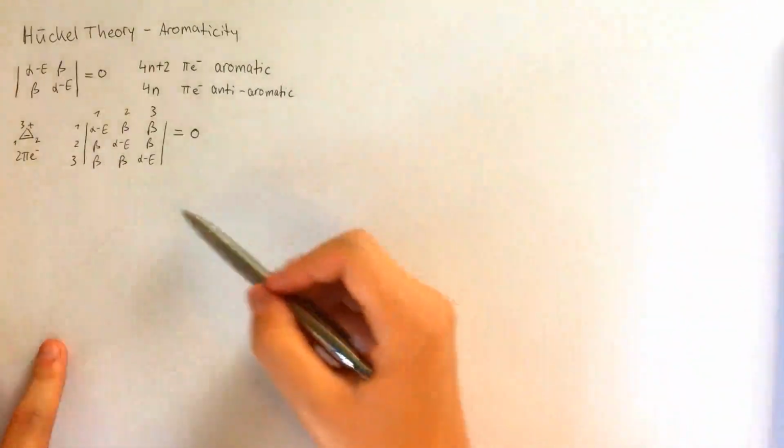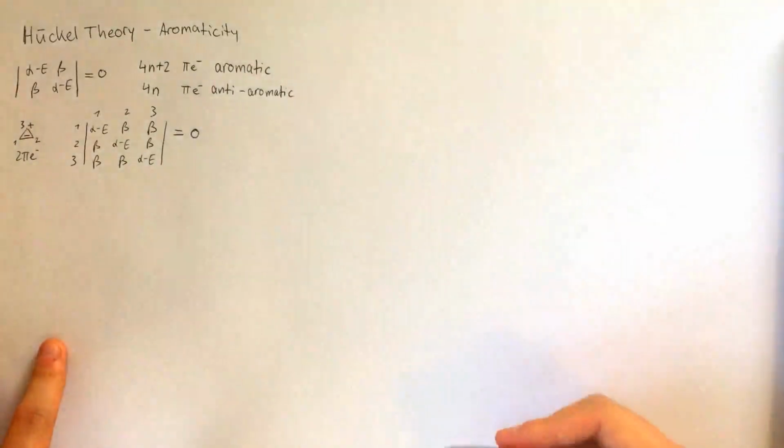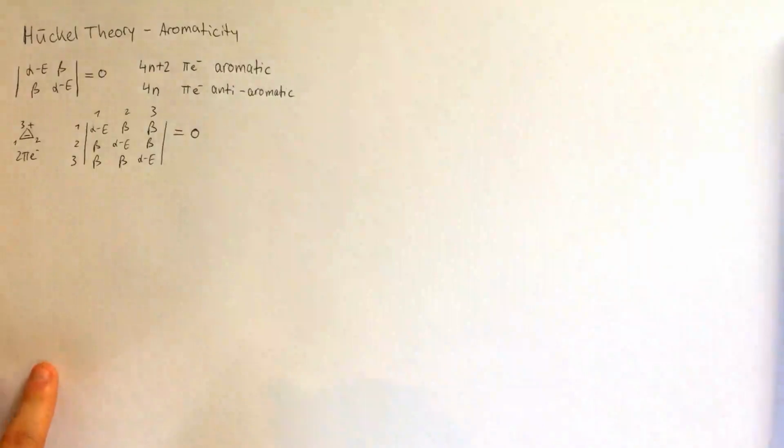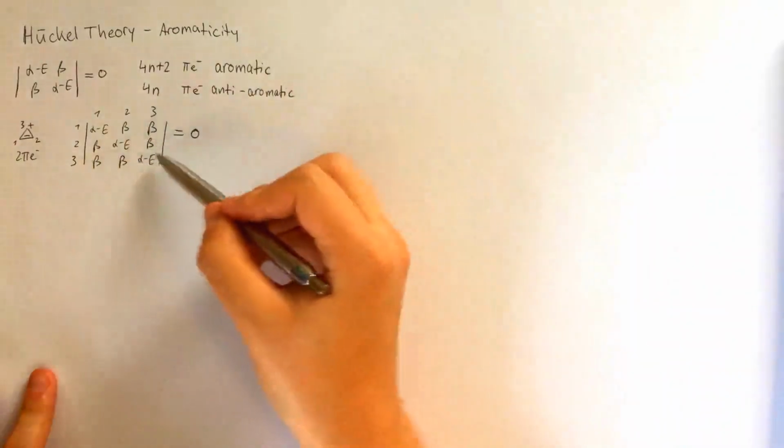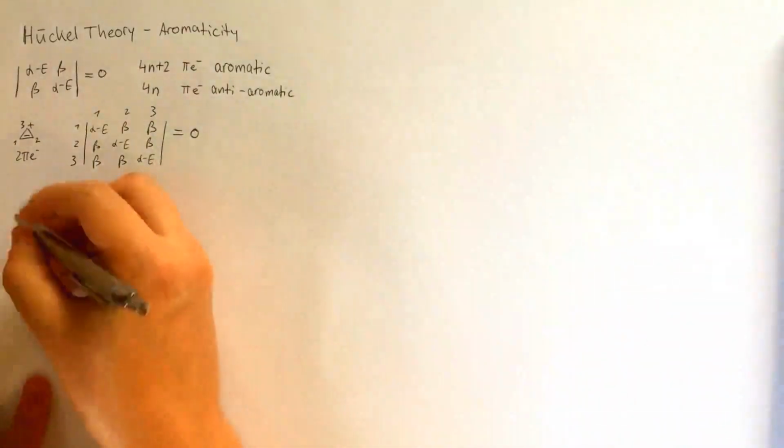In order to find the energies, we need to solve this determinant, and I'll walk you through how to do this. First, we're going to add the bottom rows to the first one.